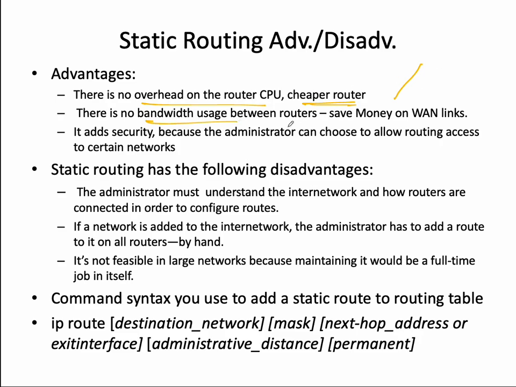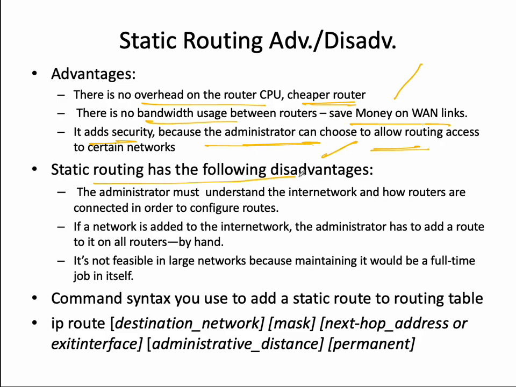And there is no bandwidth usage between routers, so it saves money on the WAN links, right? And it's secure because the administrator can choose to allow routing access to certain networks. Why? Because the administrator has to manually enter all those commands. If it is not configured, then it cannot communicate.